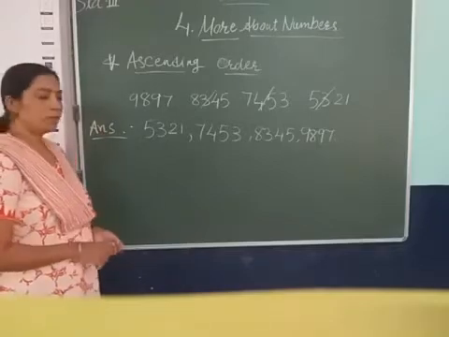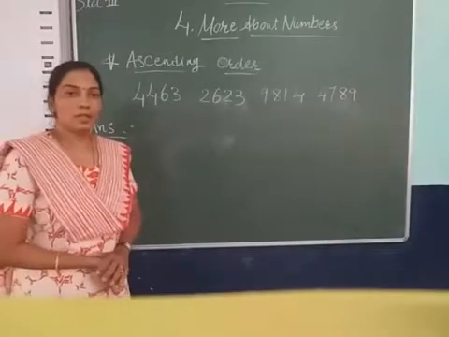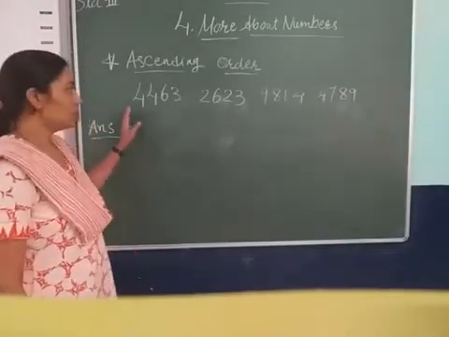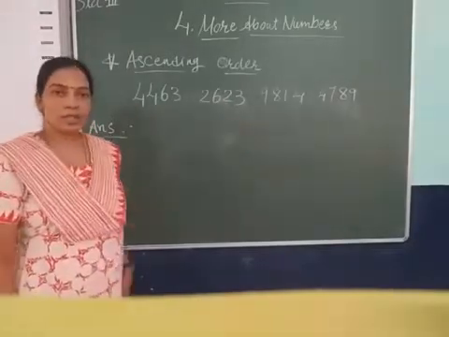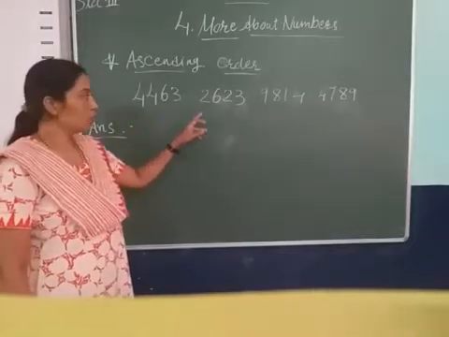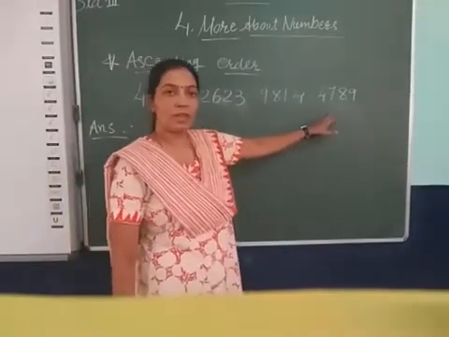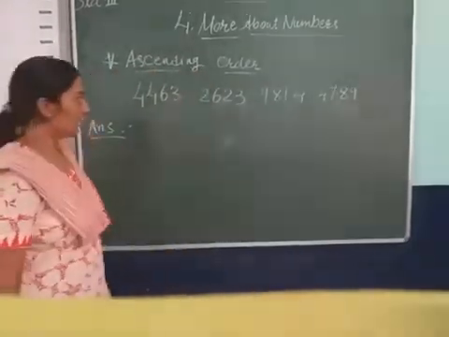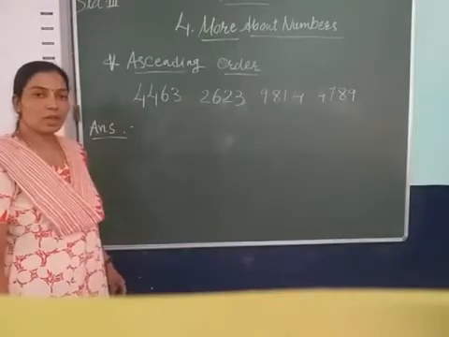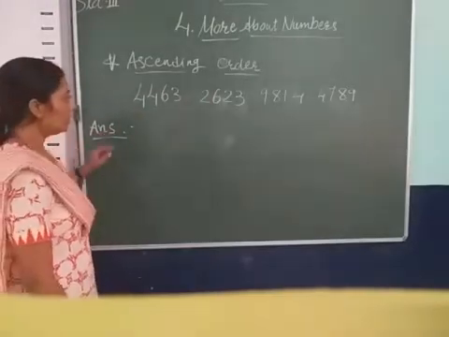Let me take one more example. Yes, students, our next example has 4 numbers: 4, 4, 6, 3, 2, 6, 2, 3, 9, 8, 1, 4 and 4, 7, 8, 9. Let me show how we arrange the ascending order. First we have to identify the smallest number.